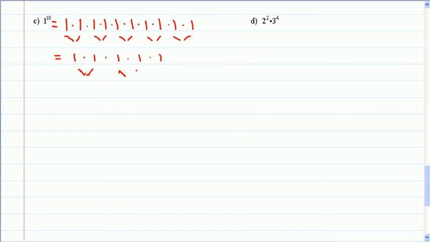And then if I take 2 more pairs, the final answer is 1. So 1 to the 10th, or 1 to the power of 10, is equal to 1.